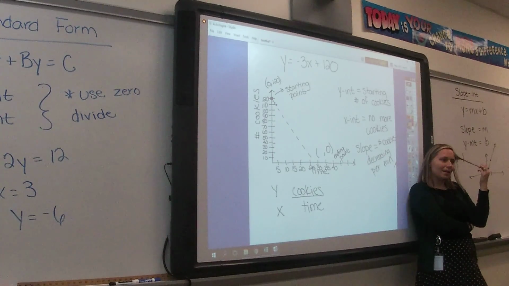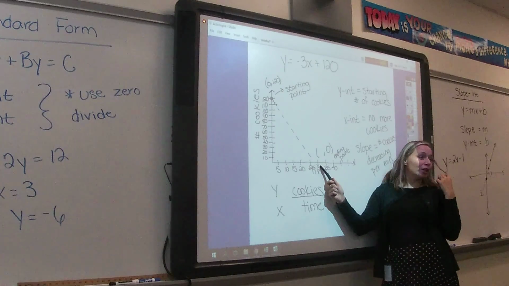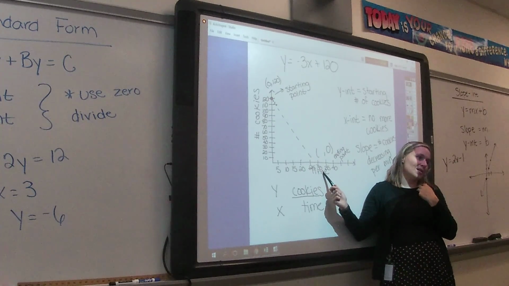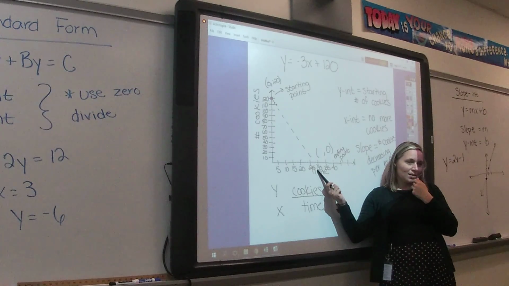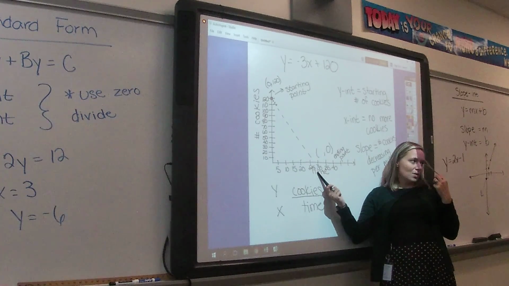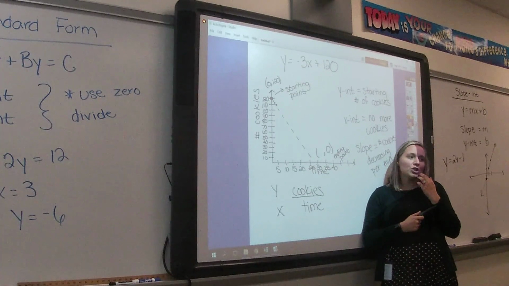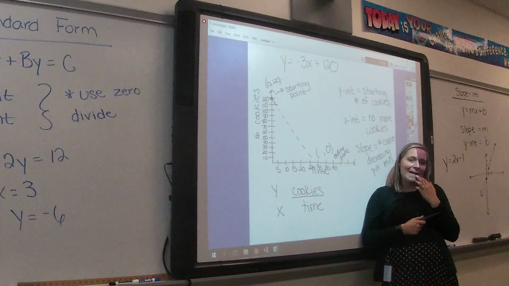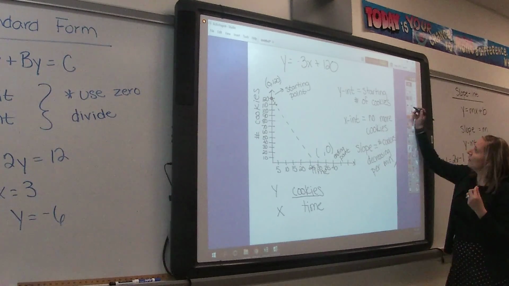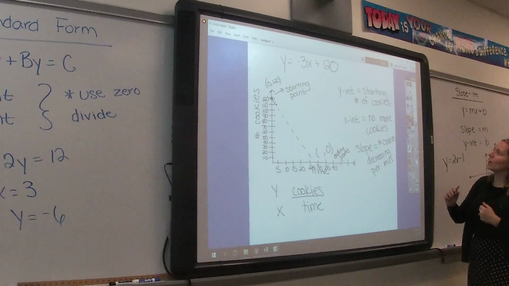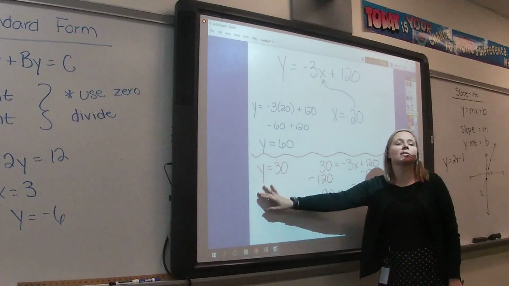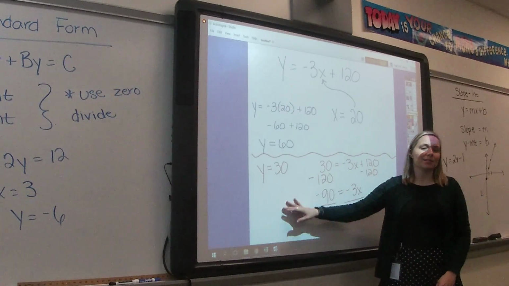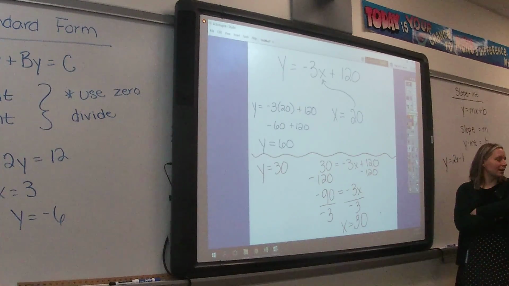Are you just visually looking here? My graph isn't perfect. So if my graph was perfect, this would be 30, but my graph's not perfect. What could we do to make sure it was crossing at the right point? I'm going to go backwards to this page here and maybe tell you to consider something we did down here. See if you can make a connection.